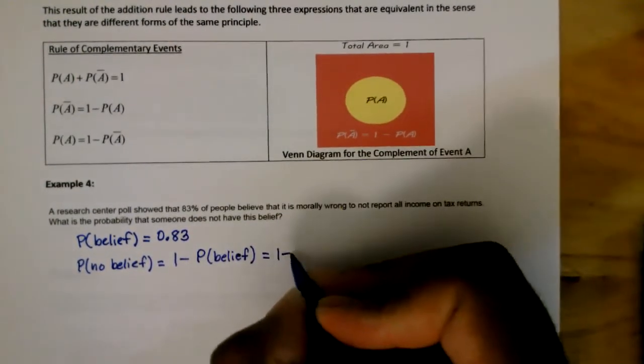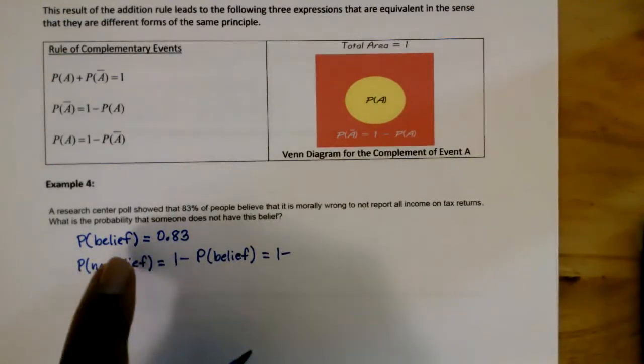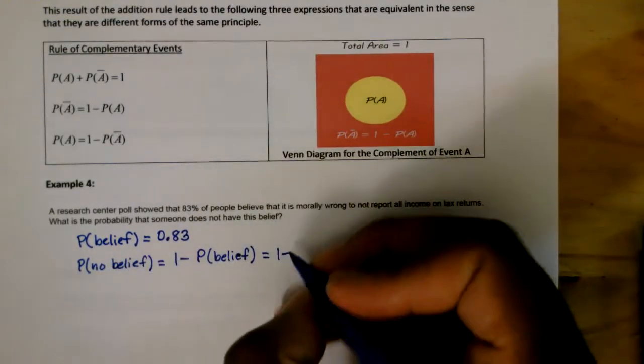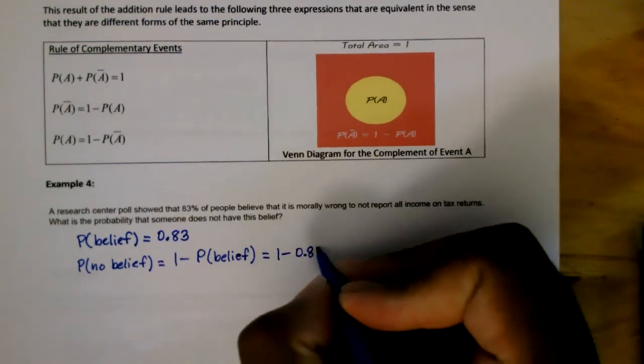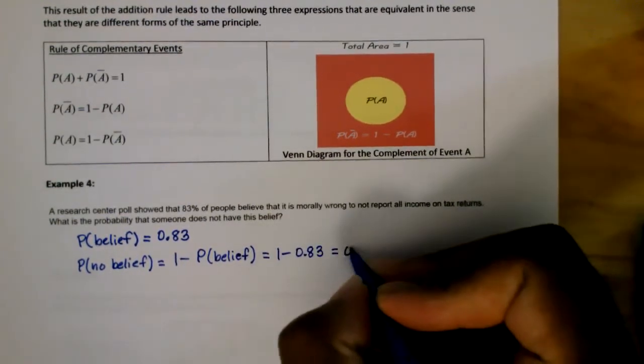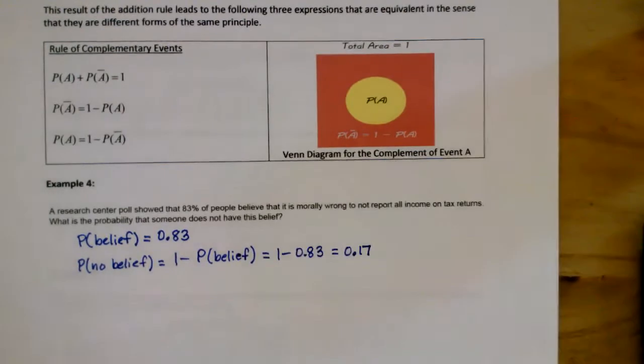So we got 1 minus 0.83, which would end up being 0.17. So the probability that someone does not have the belief that it is morally wrong to not report all income on tax returns will be 0.17.